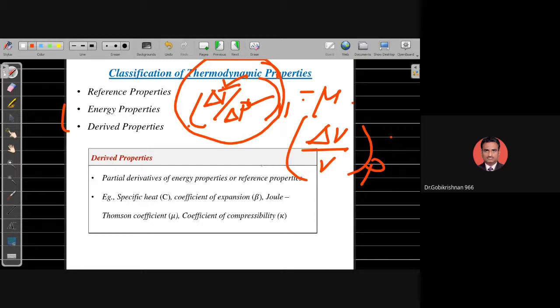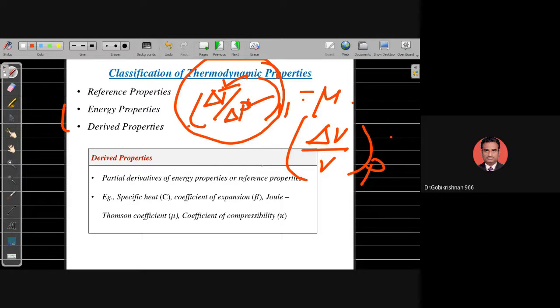Next, our objective is to find a relation between these properties, that is, the reference properties, energy properties, and derived properties. We want to get a relation because some properties, especially the reference properties, can be measured with the help of measuring instruments like a temperature or pressure gauge.